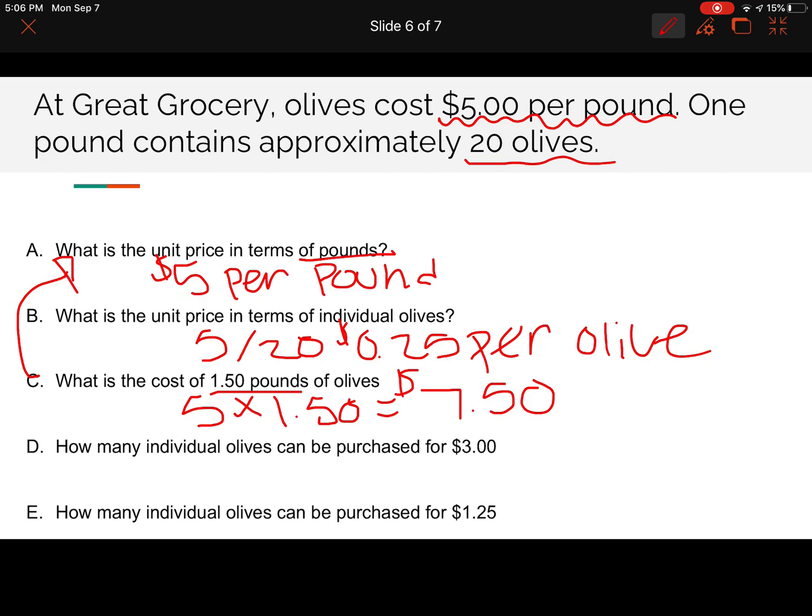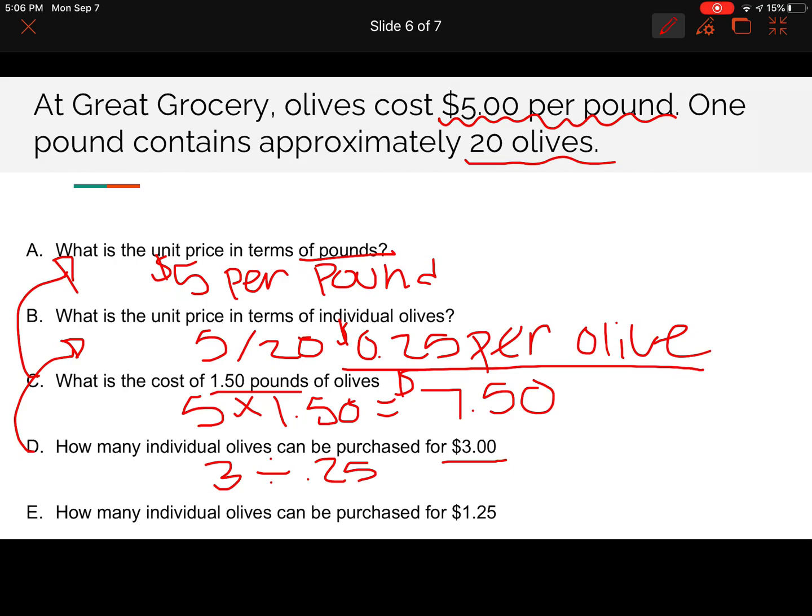How many individual olives can be purchased for $3? So this is where I'm going to look at B, because that's where I figured out my price per 1 olive. To figure that out, I want to hit $3. I know that 1 olive costs me 25 cents. So what I'm going to do is take 3, because that's the number I want to hit, and divide it by 0.25 or 25 cents.